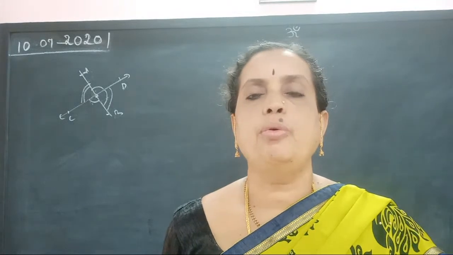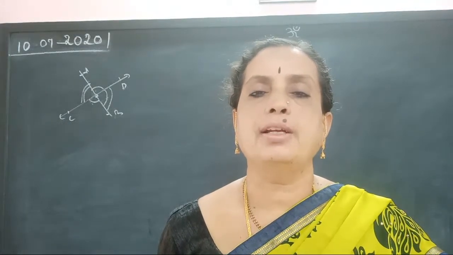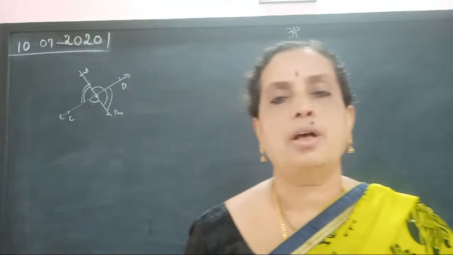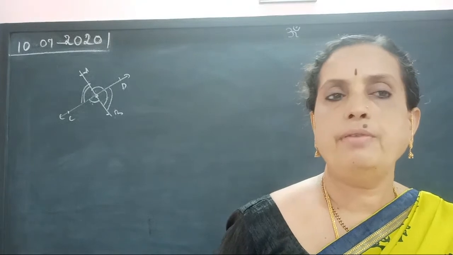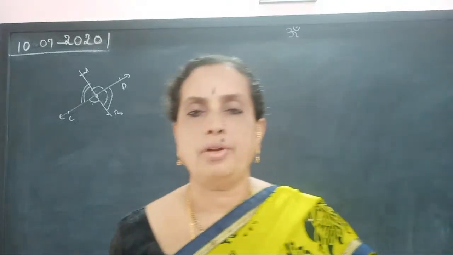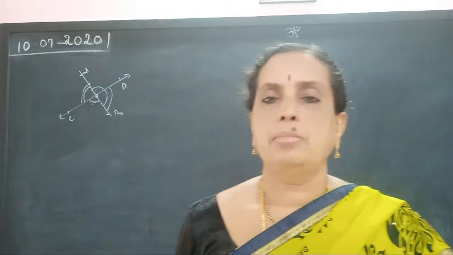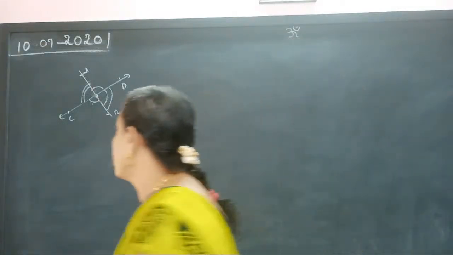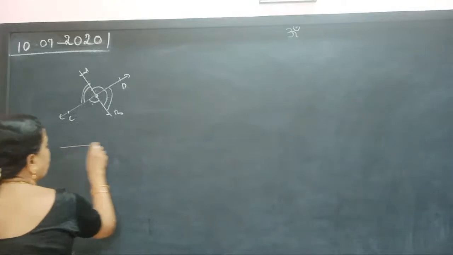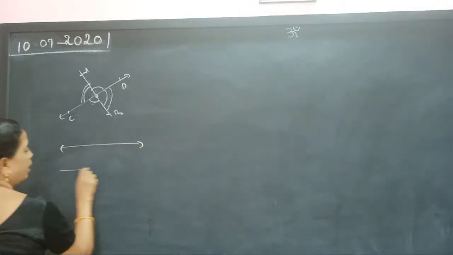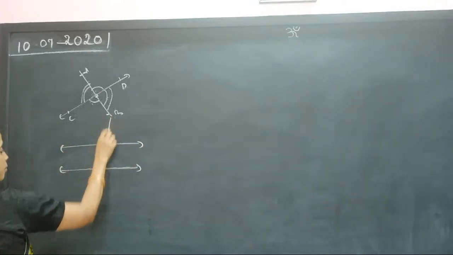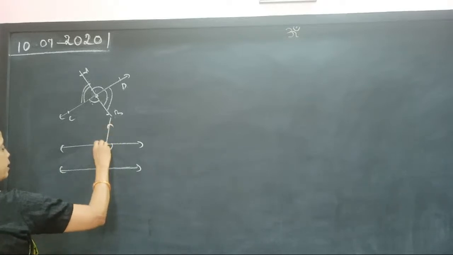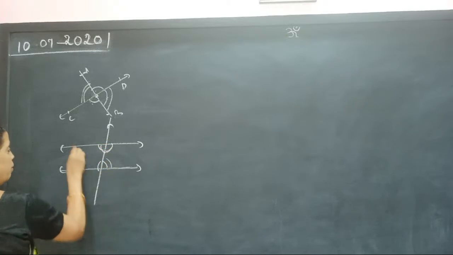Yes, when two parallel lines, not only that, alternate interior angles are equal. Even for any two lines you will get alternate interior angles. But if they are equal, it means the lines should be parallel. So if two parallel lines are intersected by a transversal, then the pair of alternate interior angles are equal.